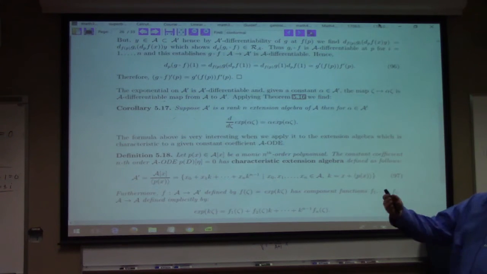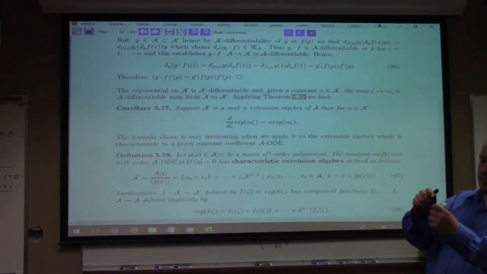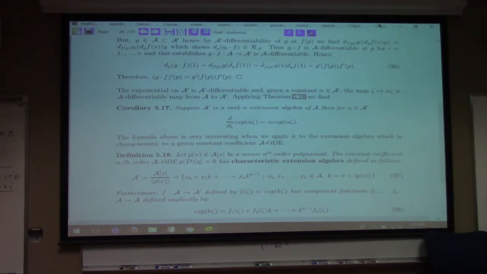That is a mapping from A to A', right? Where α is an element of the extension algebra, exp of αζ will also be in the extension algebra. So again, just to be clear, the mapping is this. We're starting with ζ. We map to αζ. And then we map to exp of αζ. So this is A', and this is A' again.